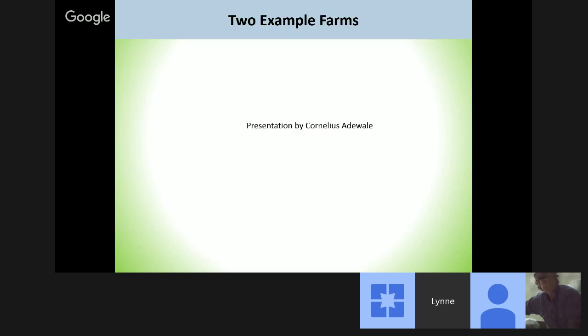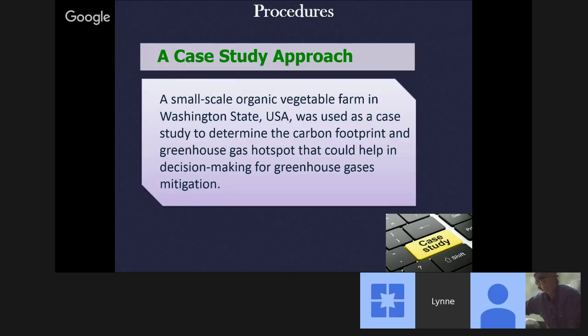So I want to show some examples, with some information about two of these farms from my student Cornelius. He and David were the ones who went to all of these farms and rummaged through all of their information and did on-farm assessments, so essentially case studies of all of these farms.